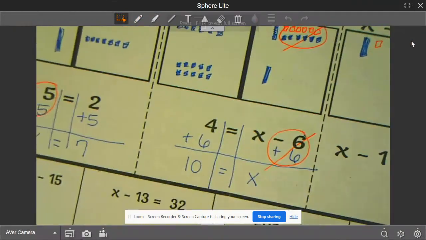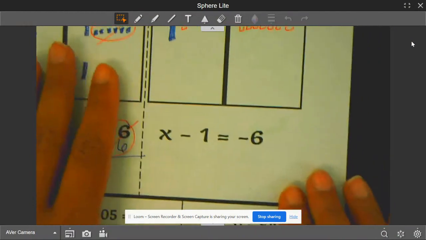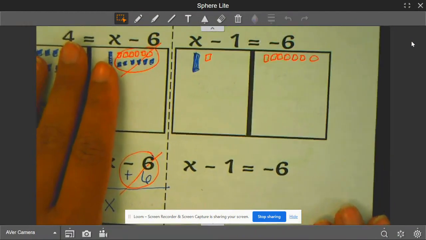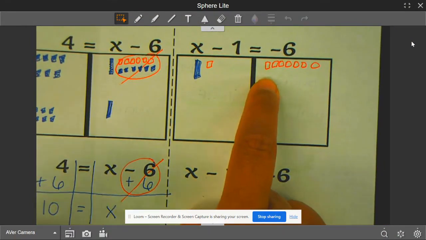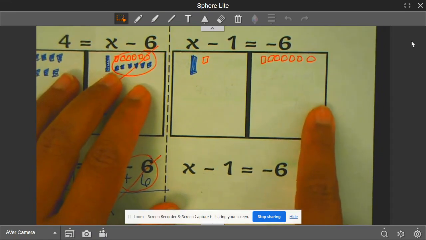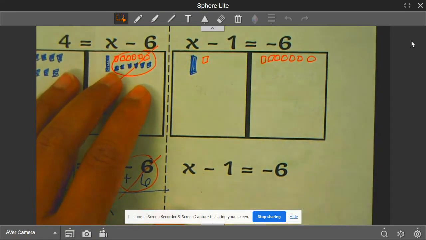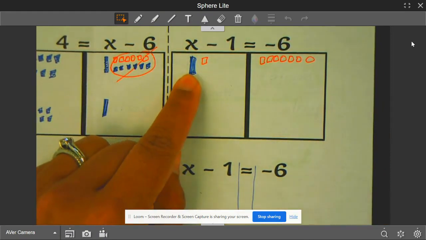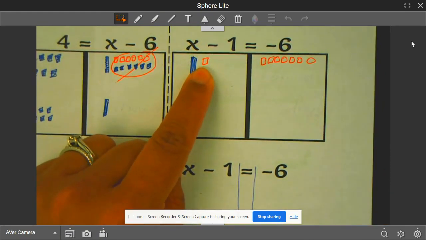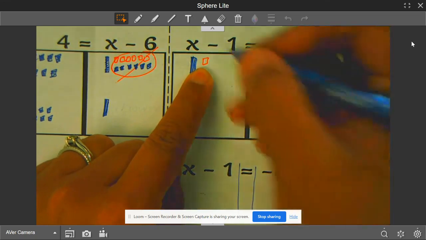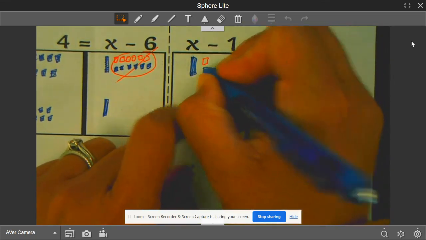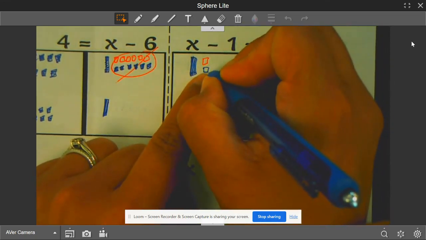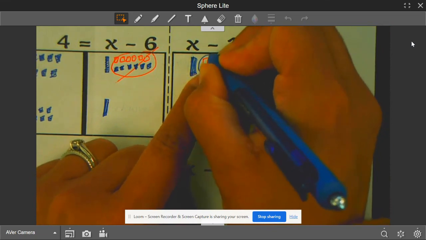So here it is. We were on this problem right here. So I have x minus 1 equals negative 6. Okay, so we need to isolate the variable. So the variable's on the left-hand side, and there's a negative 1. So to create 0 pairs, I need to add a positive 1. That creates my 0 pairs.